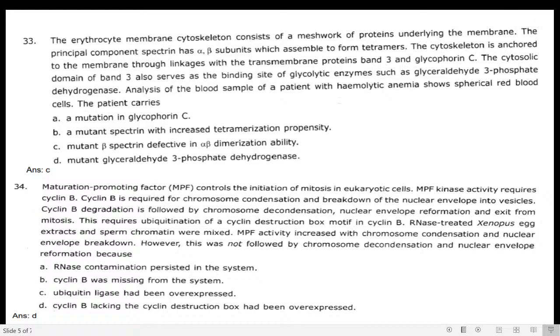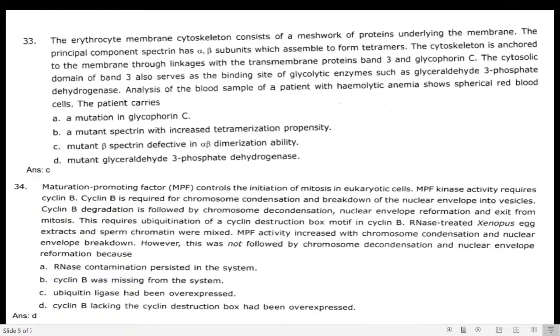So what is asked? Analysis of a blood sample of a patient with a hemolytic anemia. In this hemolytic anemia, the cells are degraded. But in that sample, the blood cells are shown as spherical. How can they see this?